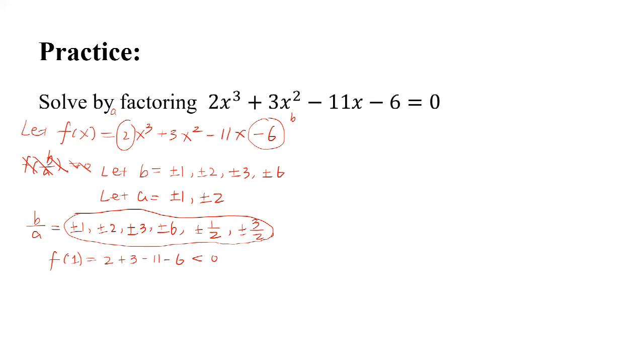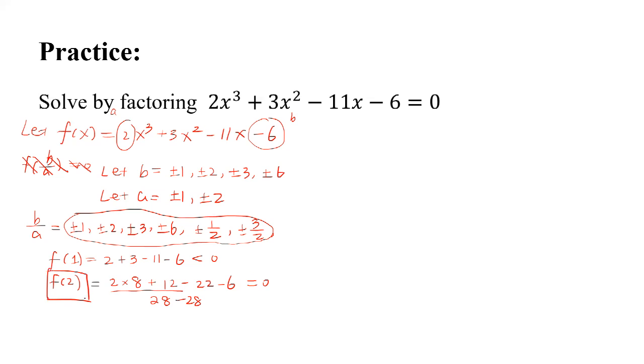So probably 1 is too small. So let's check f(2). f(2) is 2 times 8 plus 12 minus 22 minus 6, right? So this is 28 minus 28, which is 0, right?